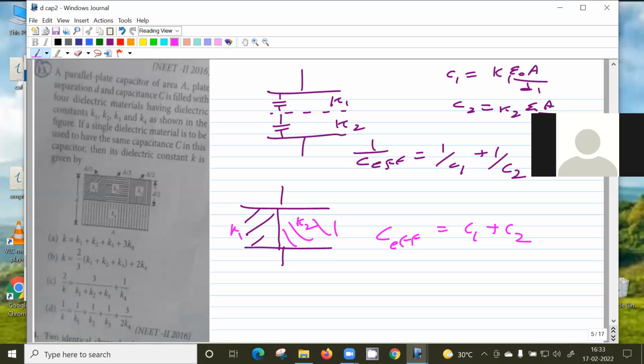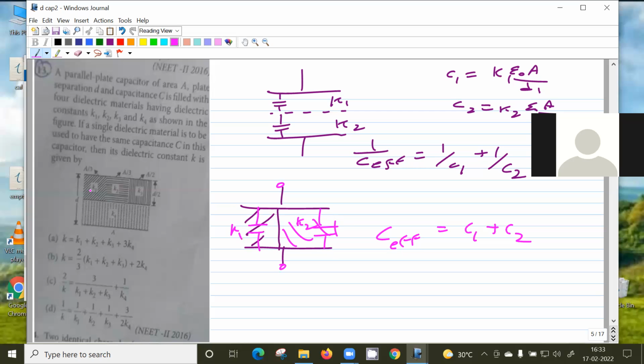Is it clear? I have two capacitors, one like this and one like this, and they are at the same potential, so they are in parallel.